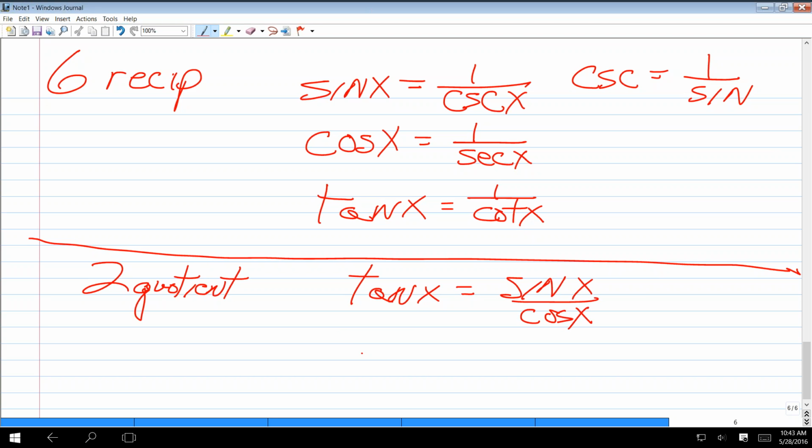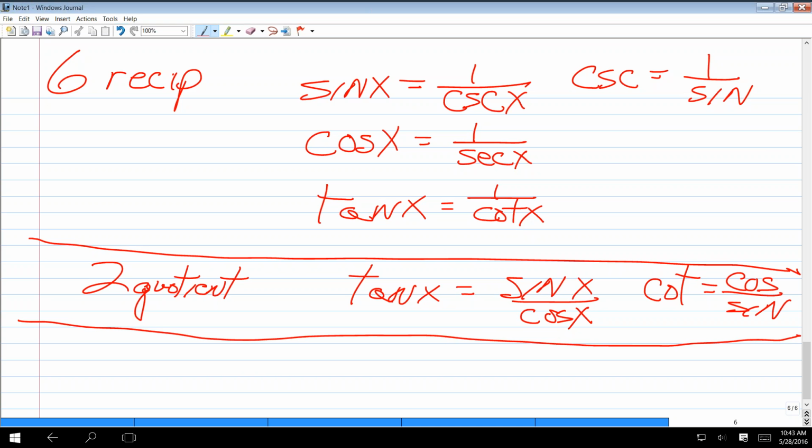And the other one that you need to know is cotangent. Well, let me put that on the right because you don't need to actually memorize that. You can always figure that out. Since cotangent's the reciprocal of tangent, what's it equal to? Cosine over sine. And finally, there are 3 Pythagorean identities.